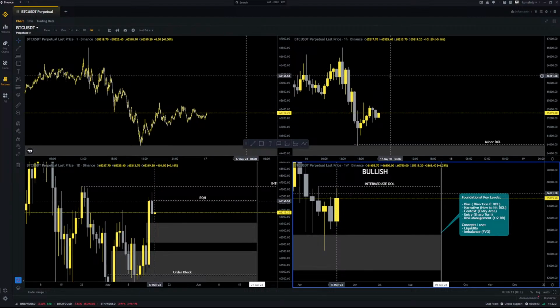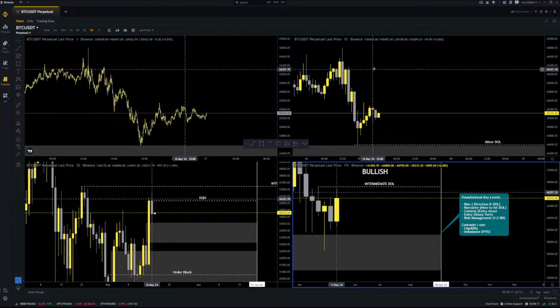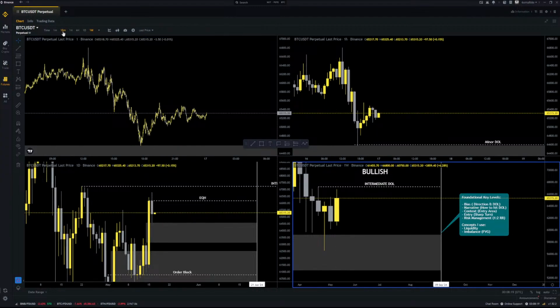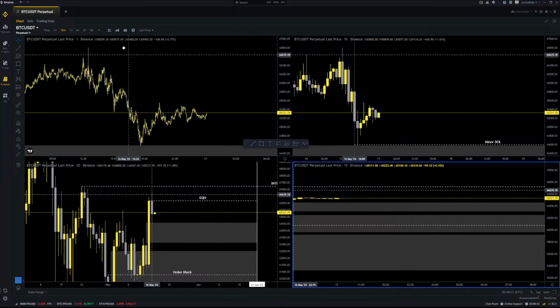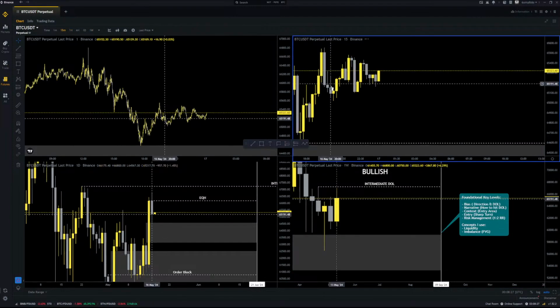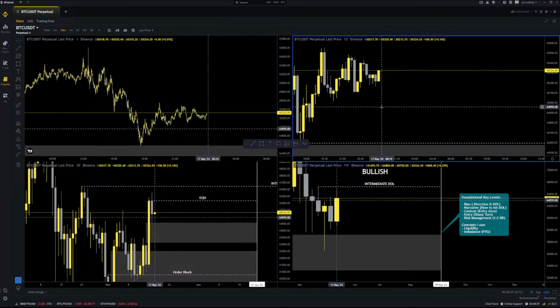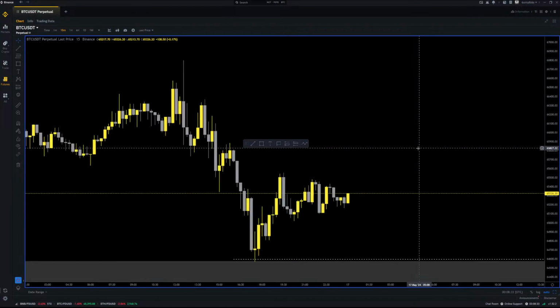So let's go to our 15 minute chart. Not here, actually, it's the weekly chart. Yeah, it's the 15 minute chart, that you can see here.